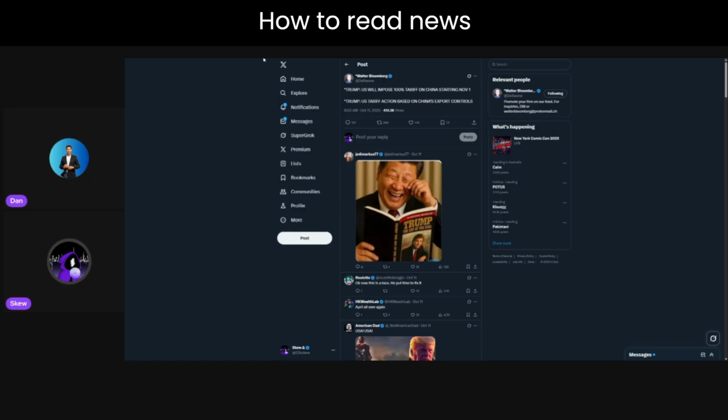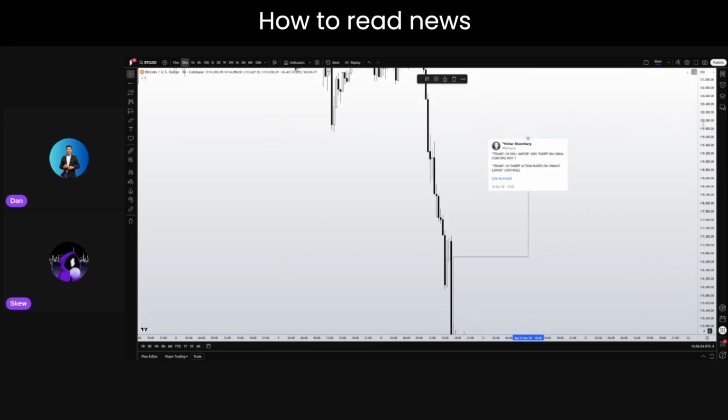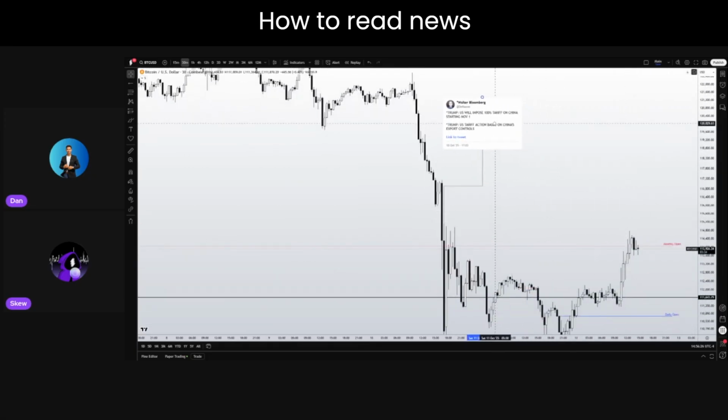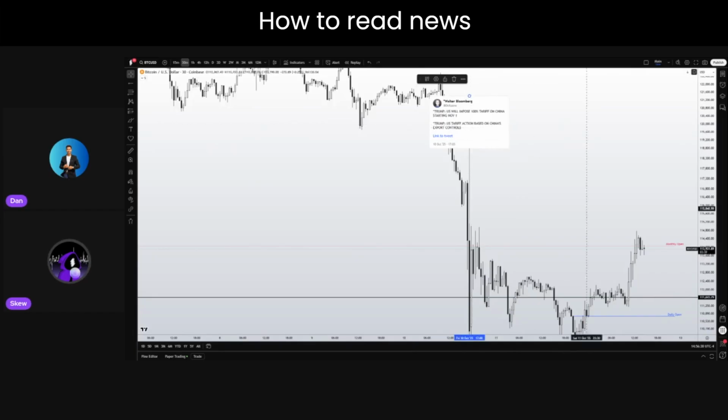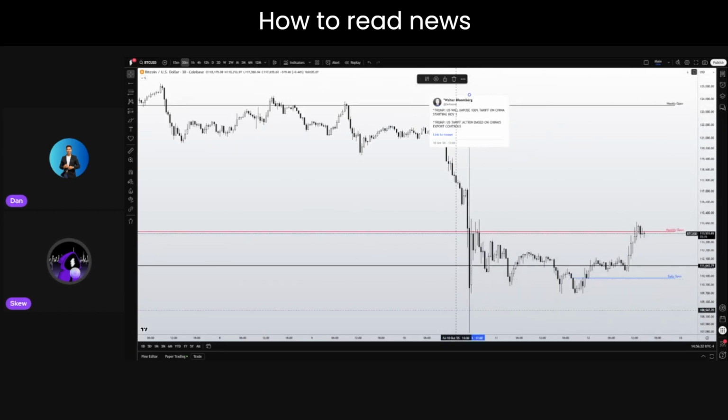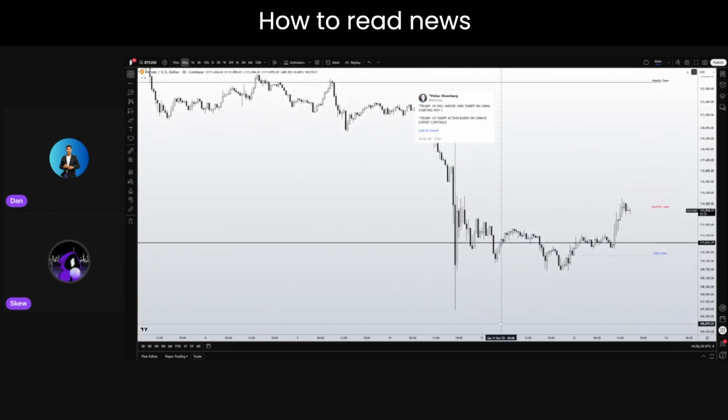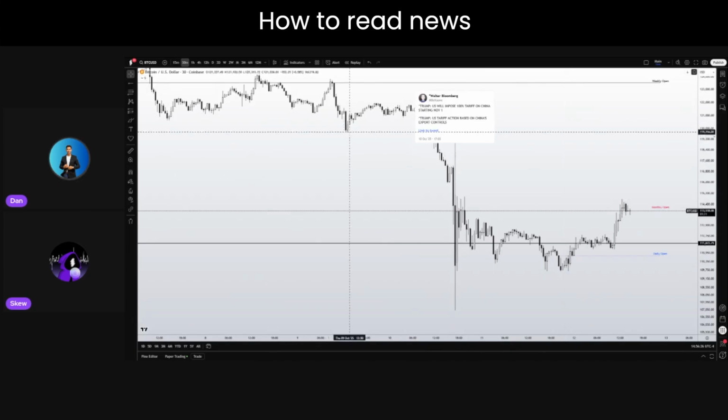So we can copy and paste that and go to a chart and paste it. This is delayed a little bit, but this was basically the push that crashed the whole market. Oh, interesting. Okay.